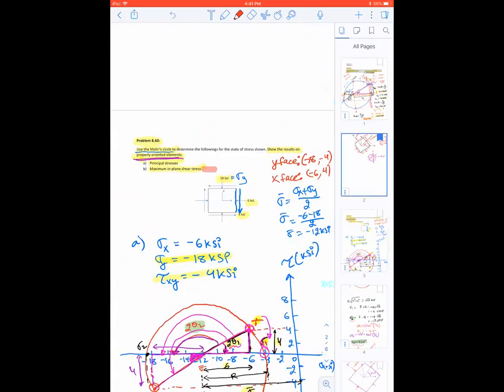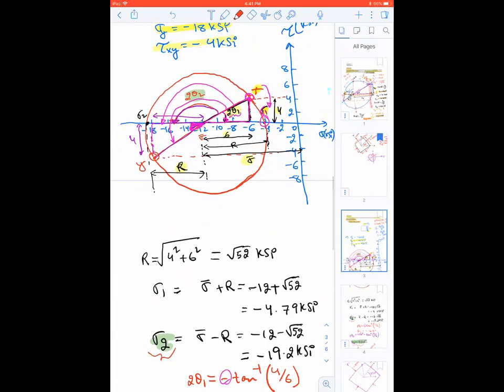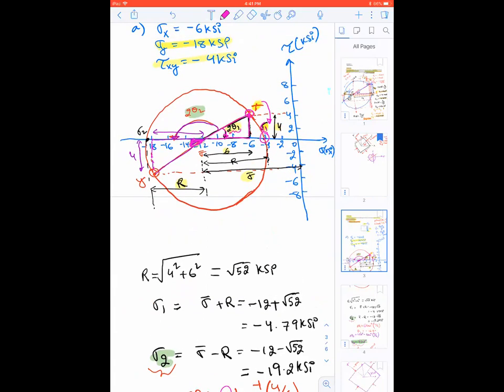The next part is I have to calculate the maximum in-plane shear stress. The maximum in-plane shear stress is obviously going to be the radius of your circle. Shear stress is on the y-axis, so you go from here vertically up.